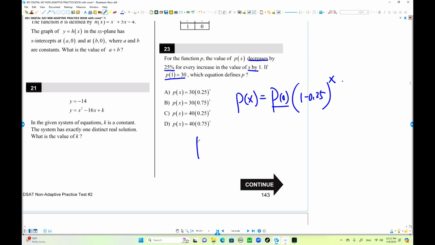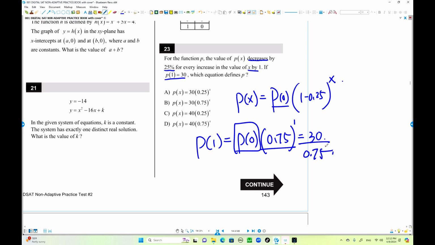So P of 1 equals P of 0 times 0.75, and when x is 1, that is equal to 30, right? From the equation, you can find the P of 0 here. You can divide by 0.75 again, because the geometric ratio is 0.75. That's the factor, right?